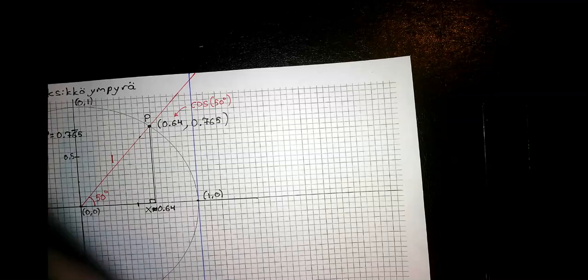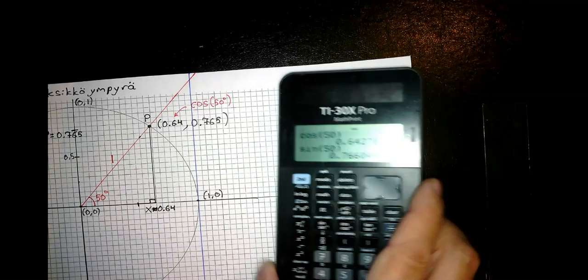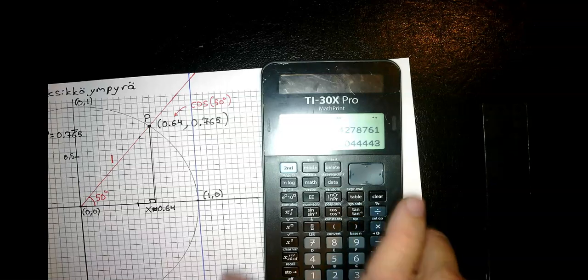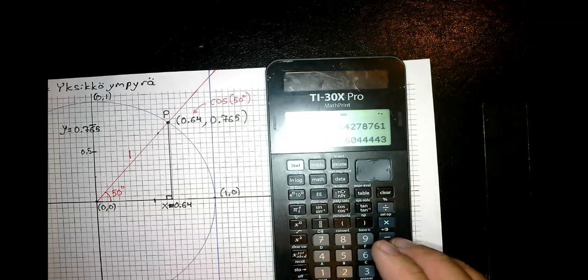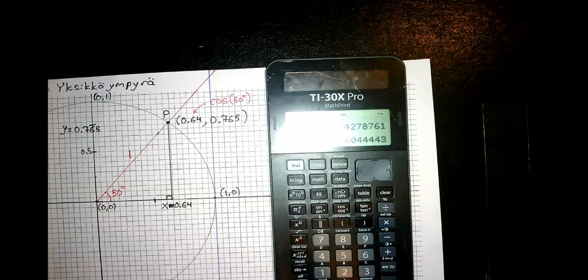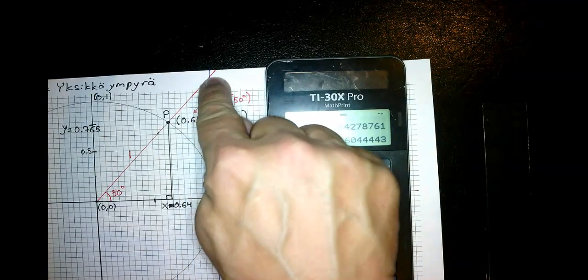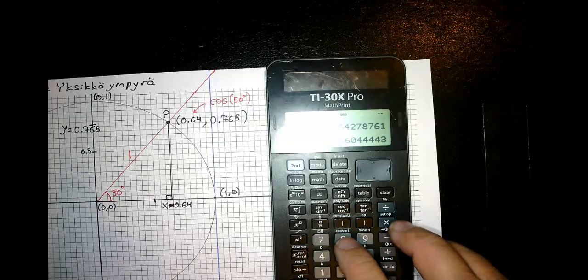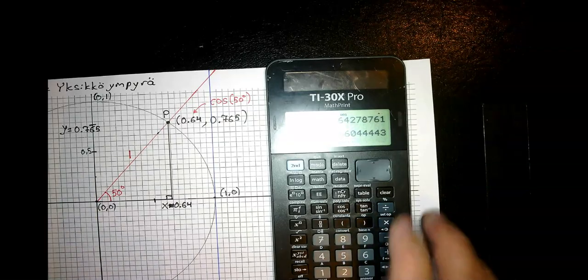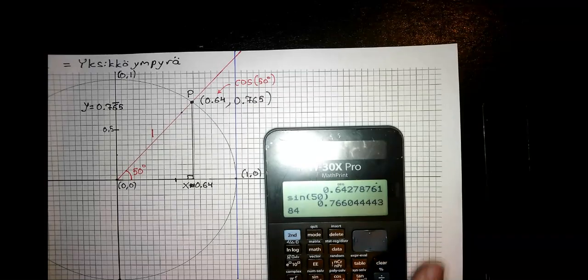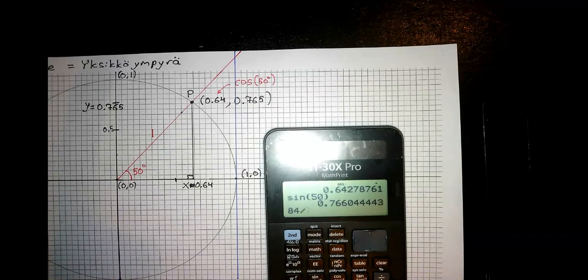I measured that the radius of the circle was about 70 millimeters in my picture, and I measured the height of this point there, and it was 84 millimeters, and if I divide this by 70, I will get the answer of 1.2. Probably it is a little bit more than 84 for that measurement, but let's check.